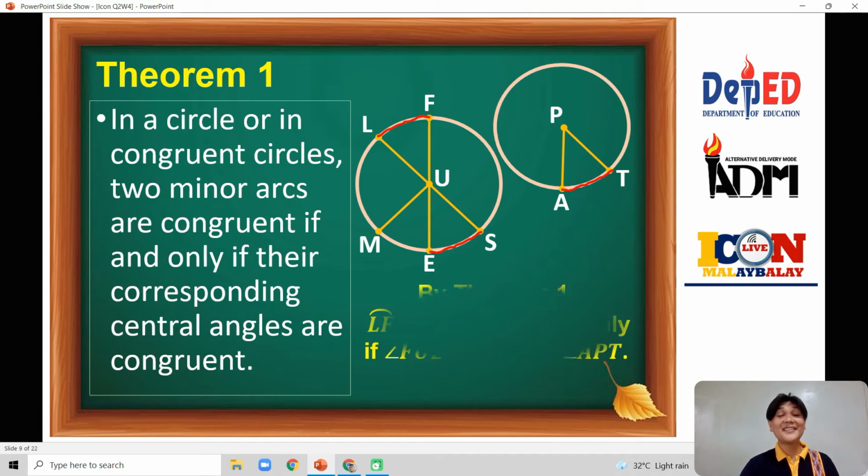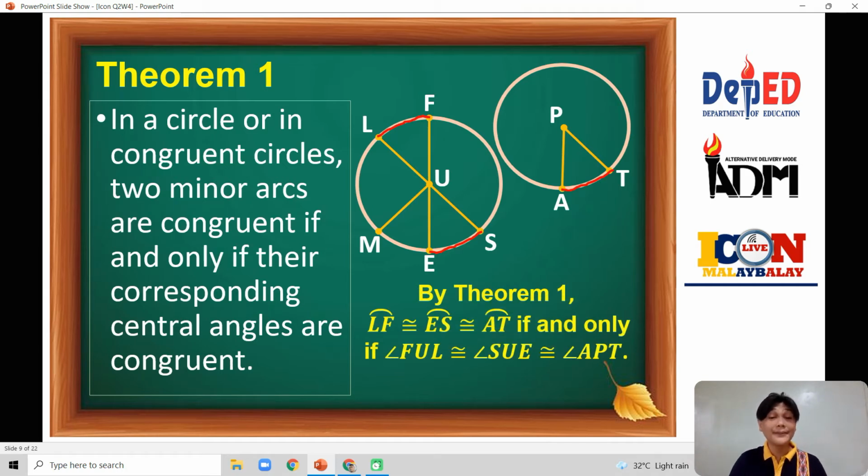Just like this statement by Theorem 1, arc LF is congruent to arc ES and they are congruent to arc AT if and only if angle FUL is congruent to angle SUE and they are congruent to angle APT. Let's try this theorem by proving some statements.